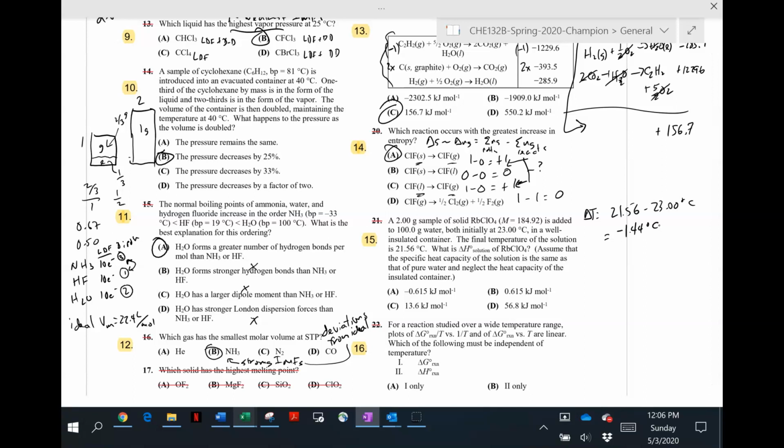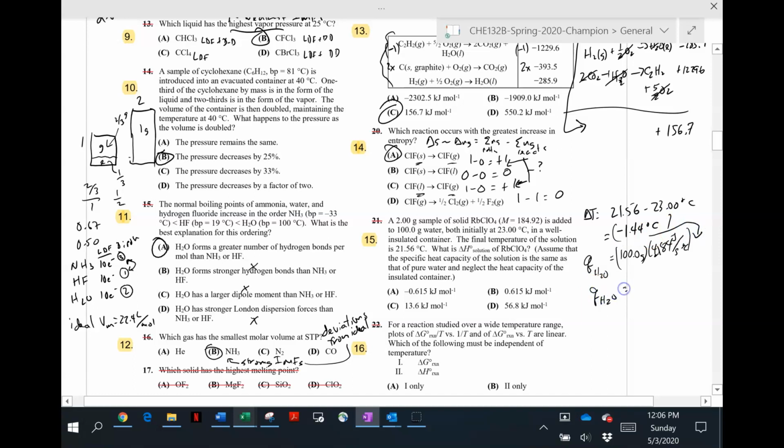Neglect the heat capacity of the insulated container. So what happened to the water is that our 100 grams of water with a heat capacity of 4.184 joules per gram times degrees C had this delta T change right there.